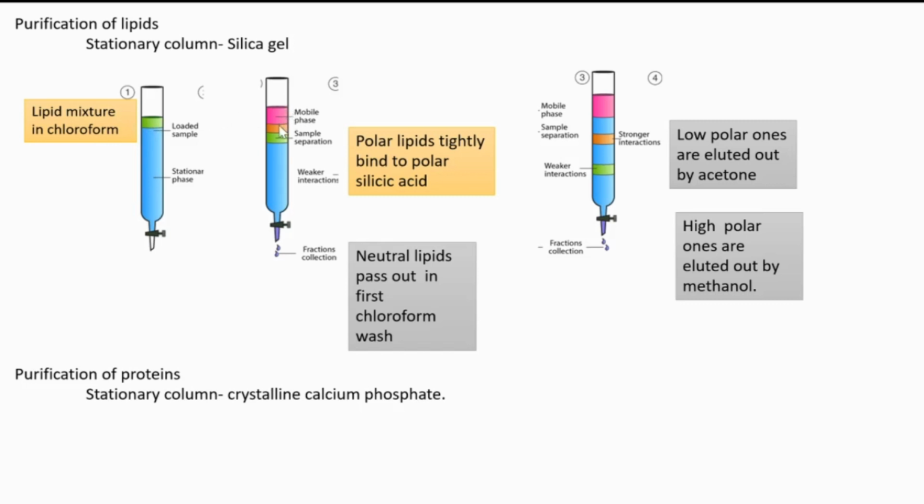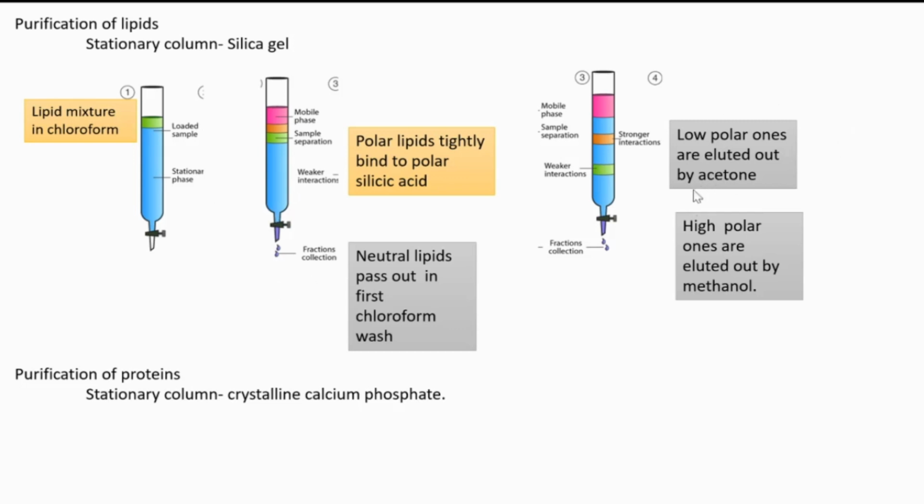Then it gradually flows down. Those with a stronger bond interaction with this adsorbent or stationary phase will hold here, and the neutral lipids will not bind with this stationary phase and pass out first and can be separated.